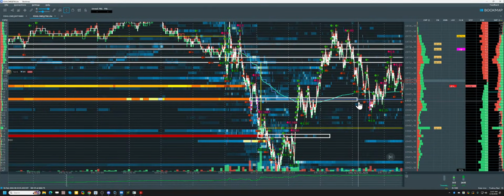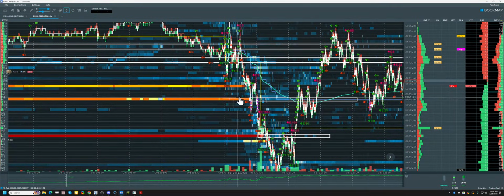So the way this might work, this is your target. This is where you're going to try to go. If you get long in here or here with the sweep, you are trying to go there for scaling. So this is a viable long here to there.